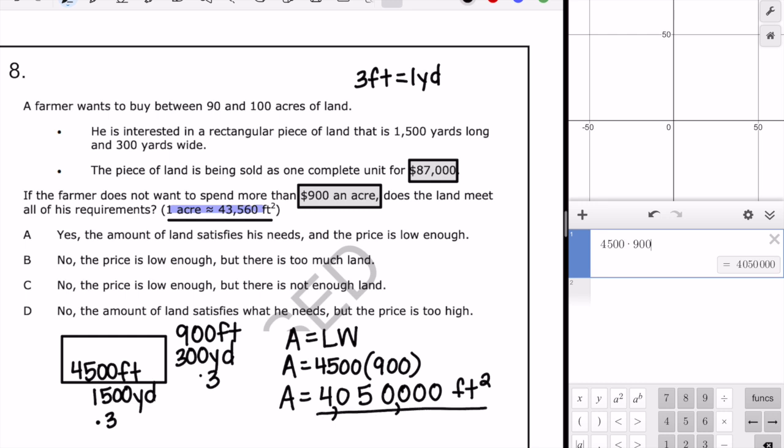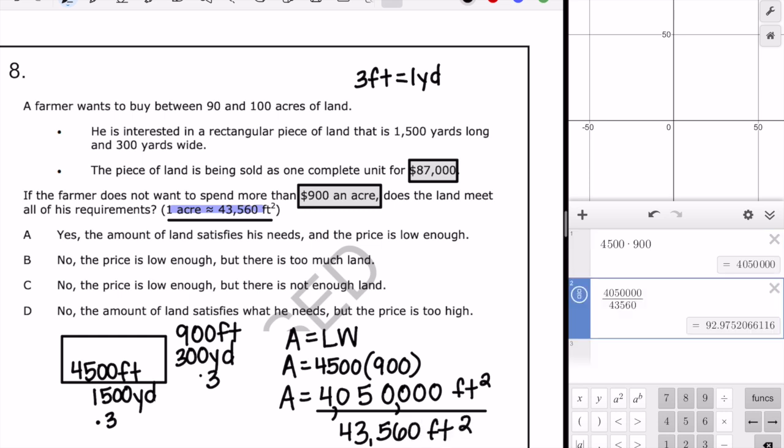So we're going to divide the feet by 43,560, and that's going to tell me how many acres it is. So we now can determine that my acreage is around 93 acres. So we have 93 acres on this plot.